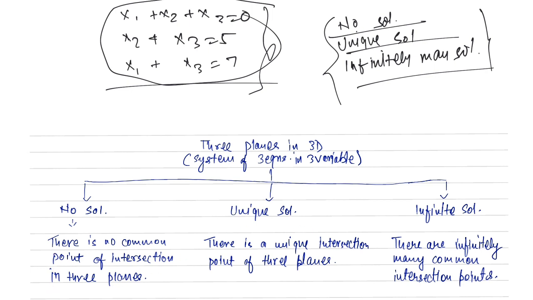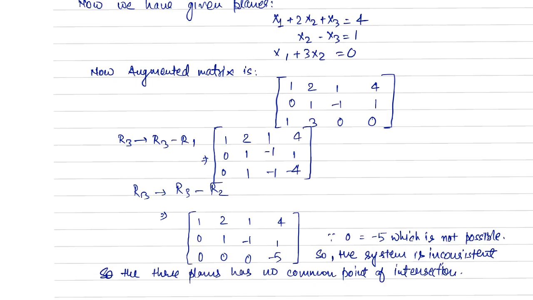If we are getting a unique solution, it means there is a unique intersection point of the three planes. And if we are getting infinite solutions, it means there are infinitely many common intersection points. So I think it is clear: no solution means no intersection point, a unique solution means one unique intersection point, and infinite solutions means infinitely many common intersection points.